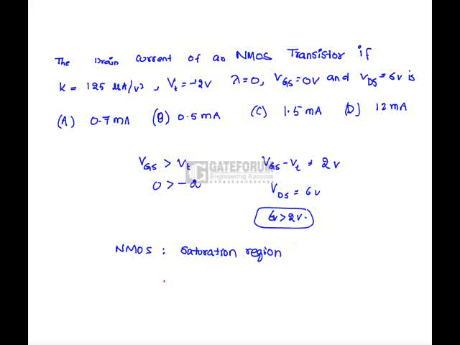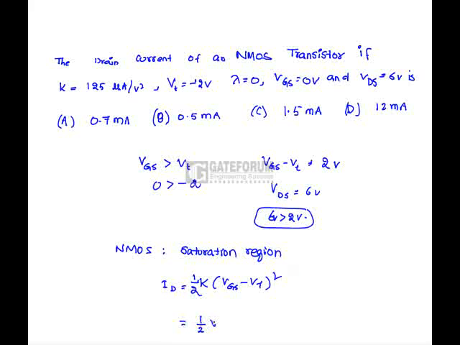For an NMOS transistor in saturation region, ID is written as half of K (VGS minus Vt) whole square.